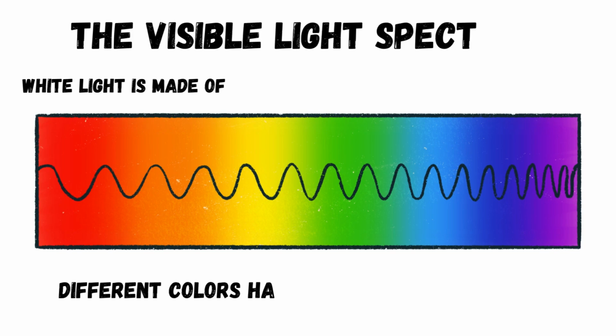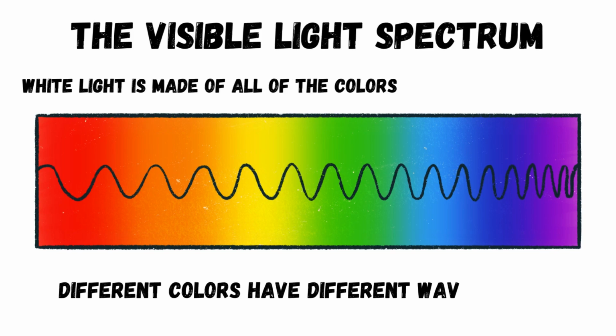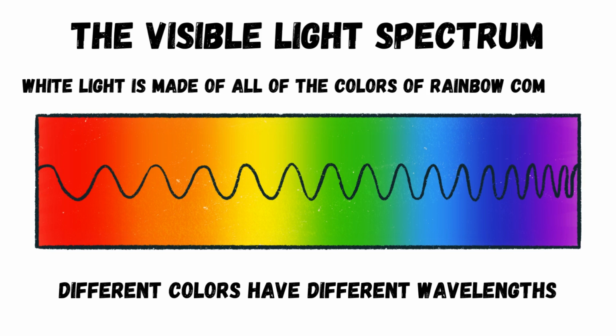The visible light spectrum is all of the colors that we're able to see. If you take regular white light and put it through a prism or something that splits that light up, it'll be red, orange, yellow, green, blue, indigo, and violet, the colors of the rainbow. That's because white light is actually made up of all of these colors. And when these colors are combined, it creates white.